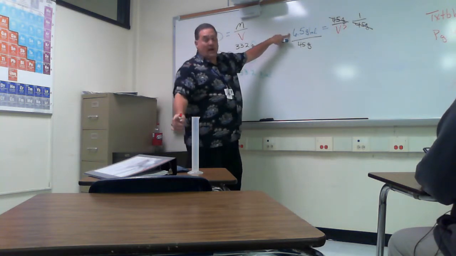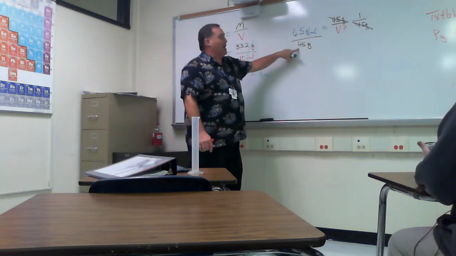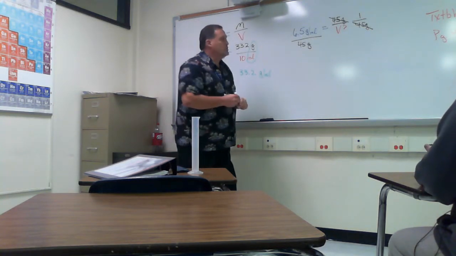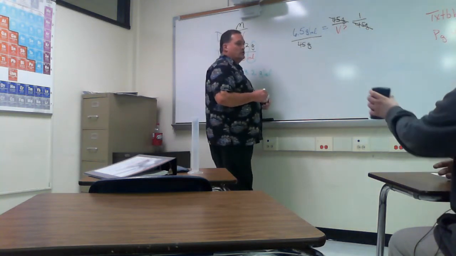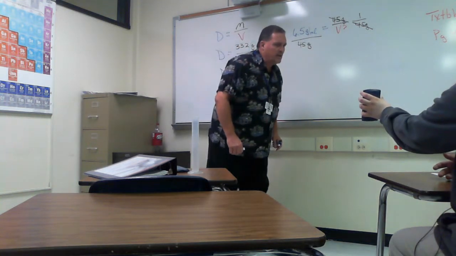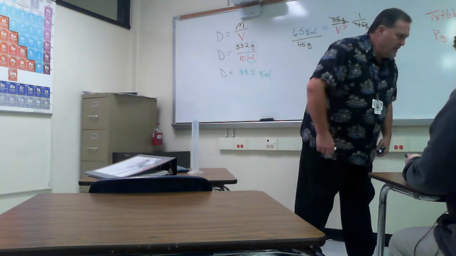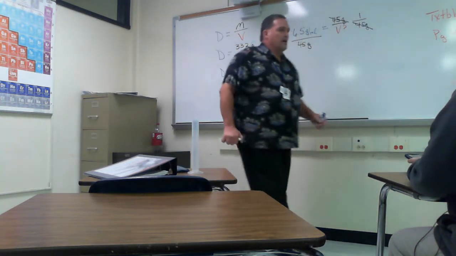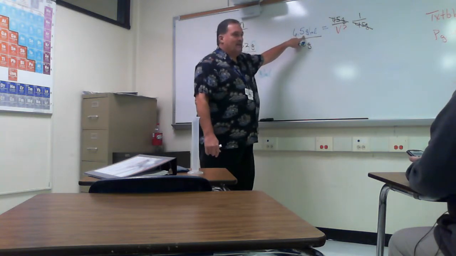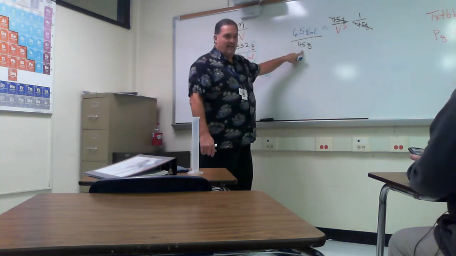Somebody on calculator do 6.5 divided by 45. We're going to end up with a little bitty number, aren't we? 292.5? Okay, do it again. Why? 6.5 divided by 45.